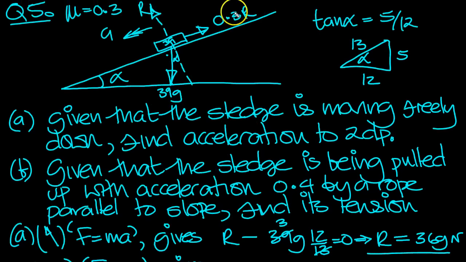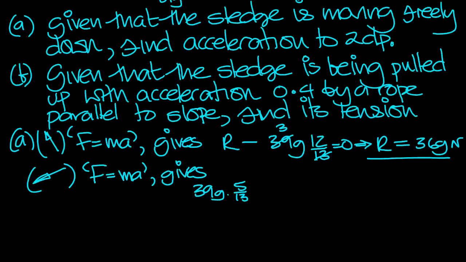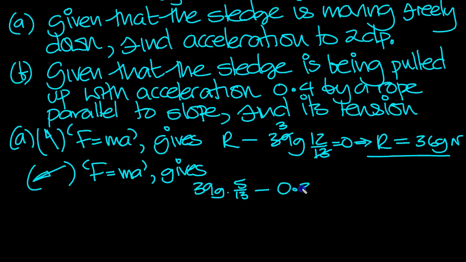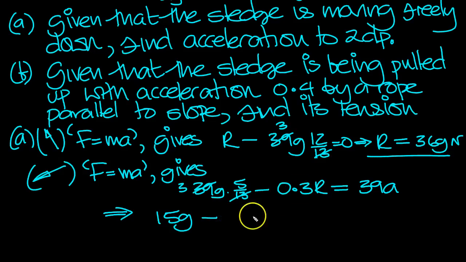So minus the resistance force 0.3 R is equal to the mass, which is 39, times the acceleration down the slope. 13 goes into 39, 3, and 3 5s are 15. So 15g minus 0.3, we can write as 3/10 if we're just doing it in our heads. R was 36g, there's R there, is equal to 39a.